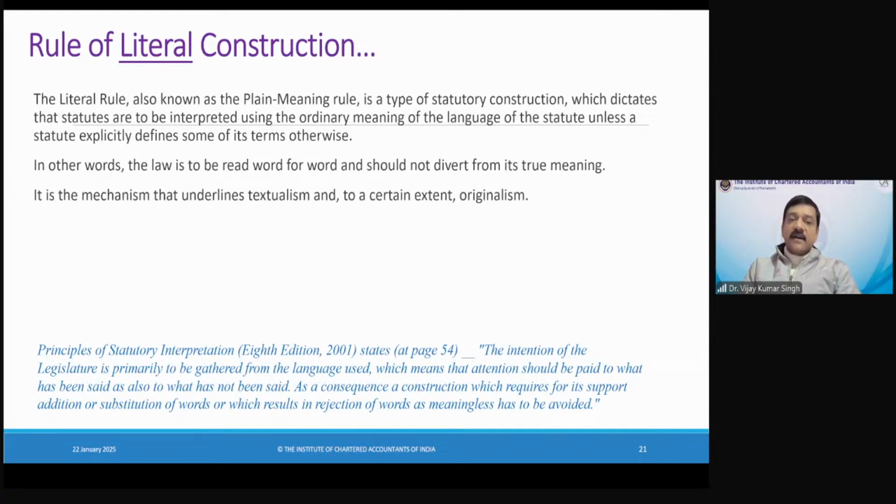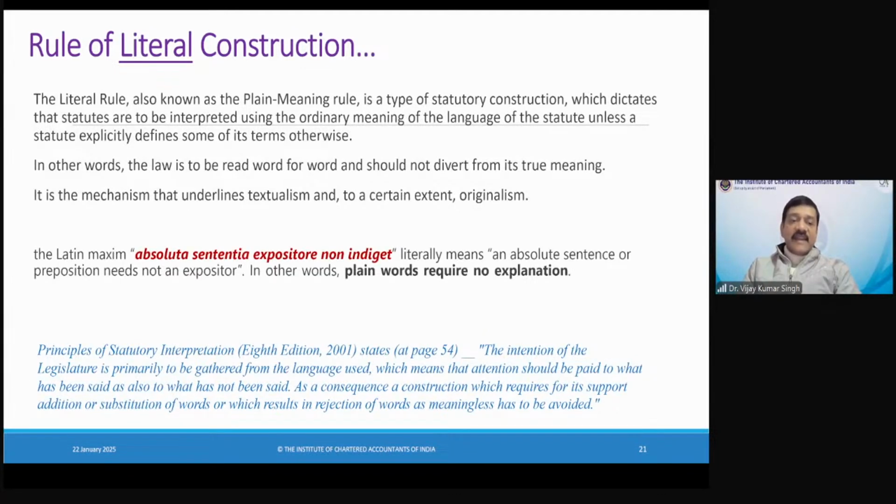It is the mechanism that underlines textualism and, to a certain extent, originalism. The Latin maxim: absoluta sententia expositore non indiget. This is what literally means an absolute sentence or proposition needs not an expositor. That is, plain words require no explanation.